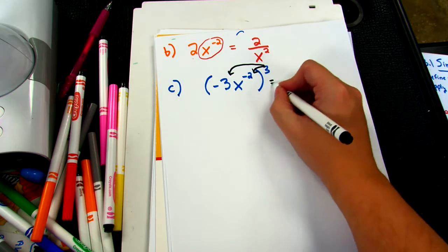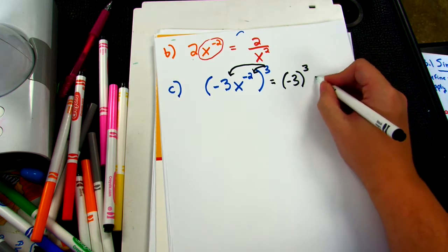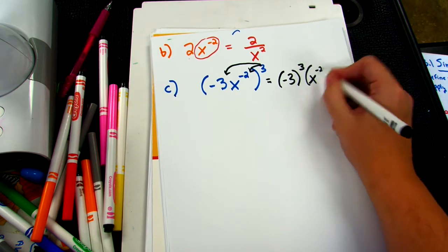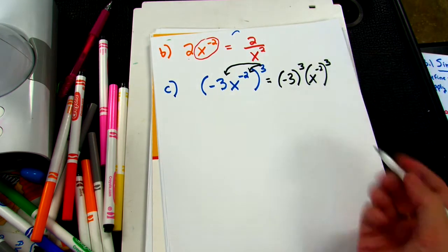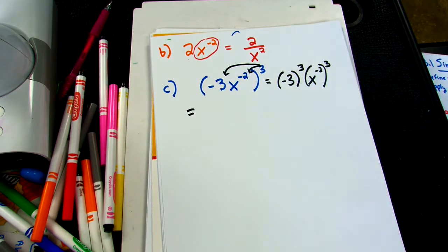So it's going to become negative 3 to the 3rd power, and then x to the negative 2 to the 3rd power. Well, we know that negative 3 to the 3rd power is negative 3 times negative 3 times negative 3.